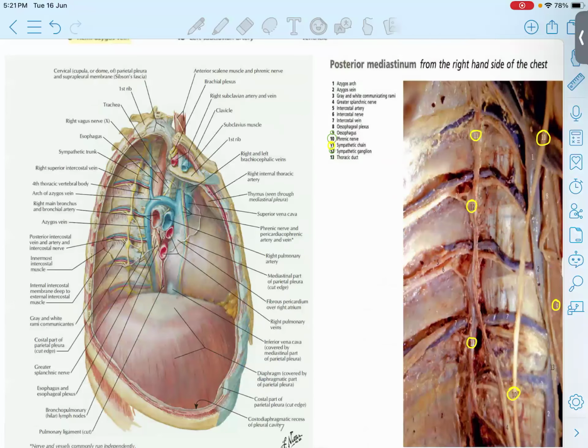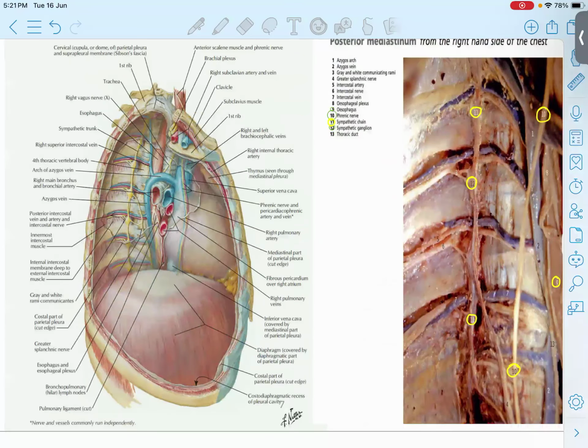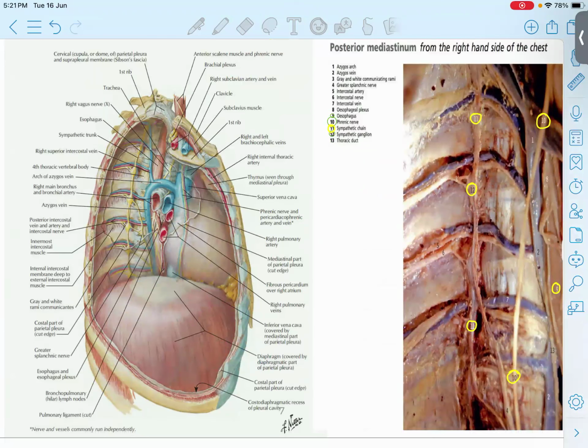Okay, come to this image. It is another posterior mediastinal image. Just here, what is 10? 10 is phrenic nerve. You have to memorize it. And here we can see that 11 is sympathetic chain. Okay, 12 is ganglia.